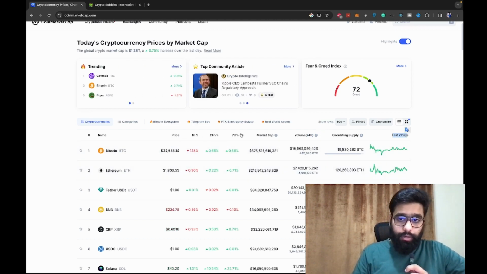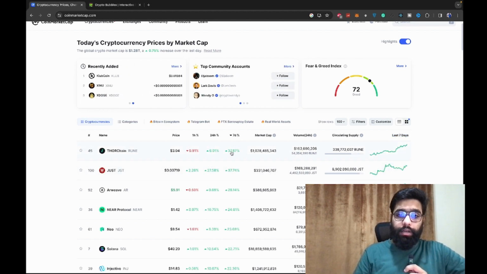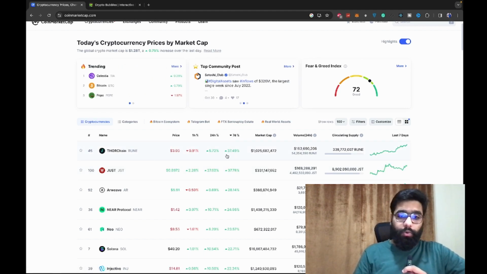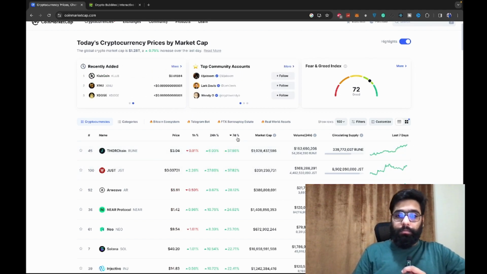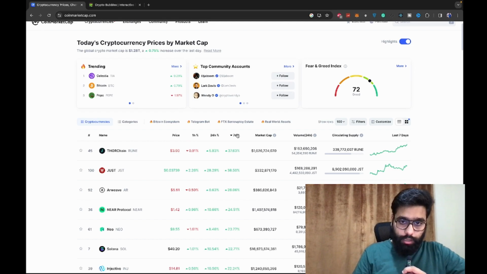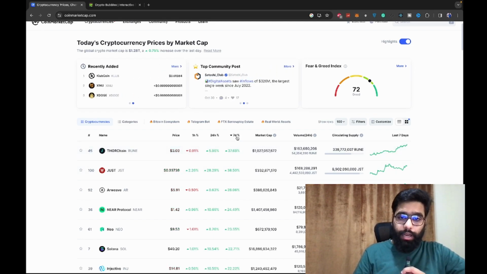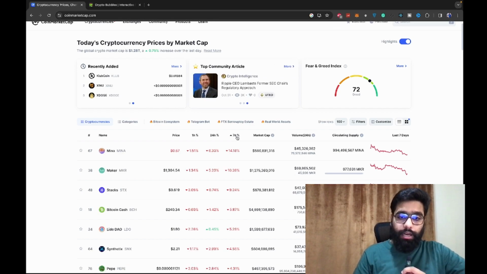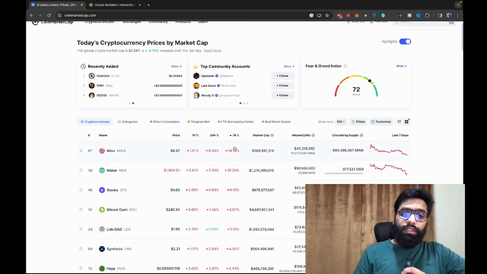So what you have to do is click on a 7-day filter, and you will see how some cryptocurrency or some coin have performed. On clicking it once, you will see high performing coins, and on clicking it again, it'll sort down to the low performing coins.